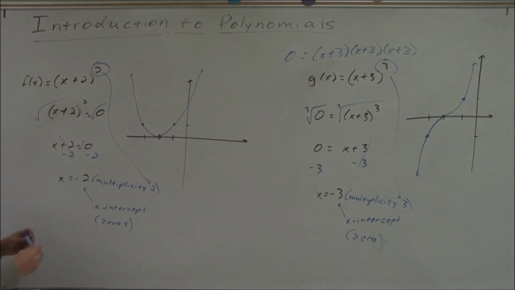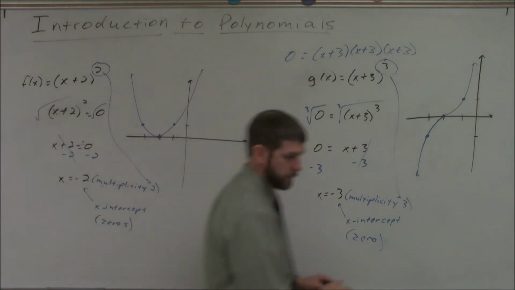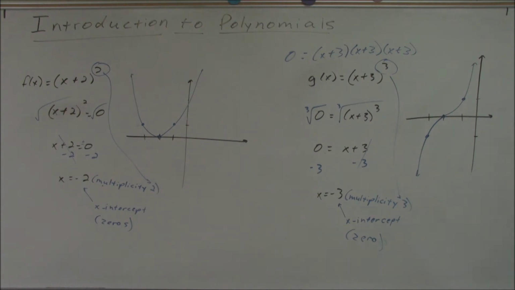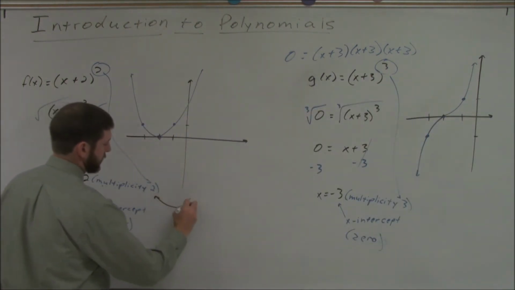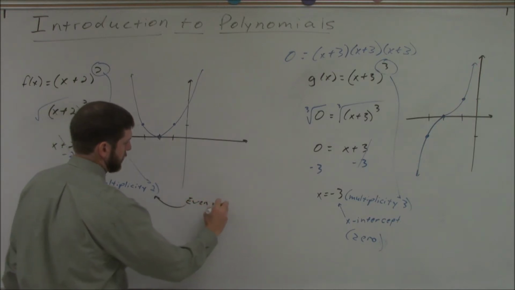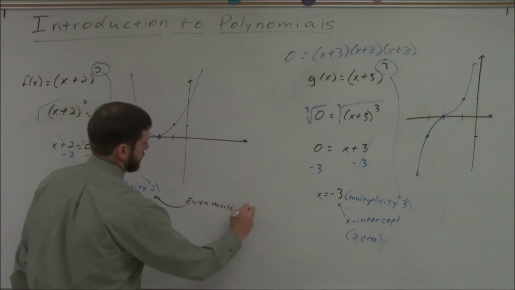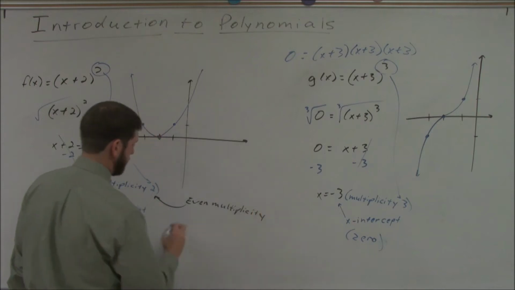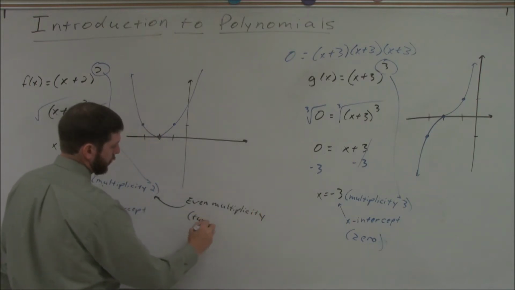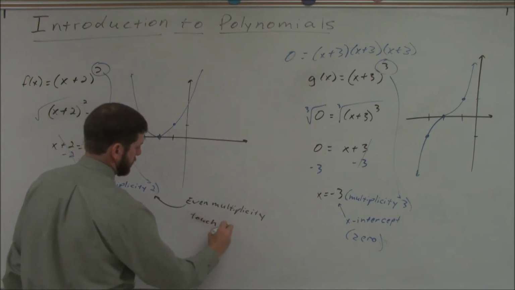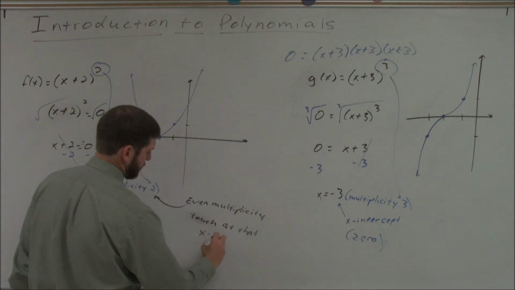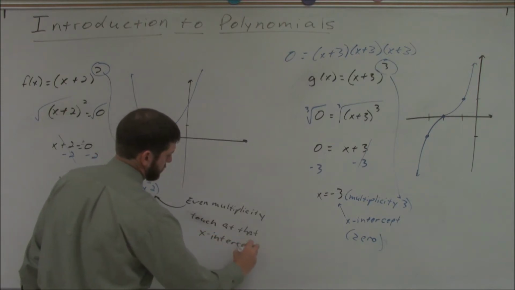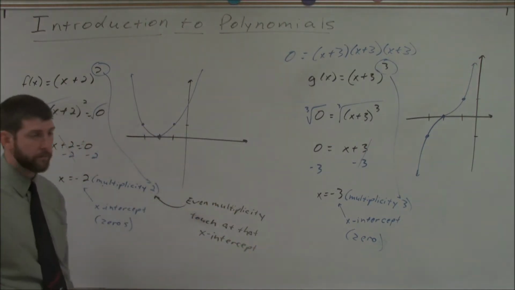If the multiplicity is even, we touch at that x-intercept, or zero, whatever you want to call it.